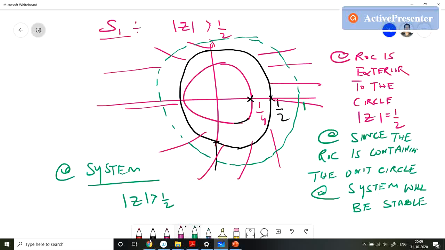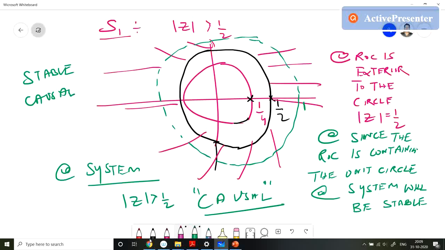So we have a system that is both stable and causal.